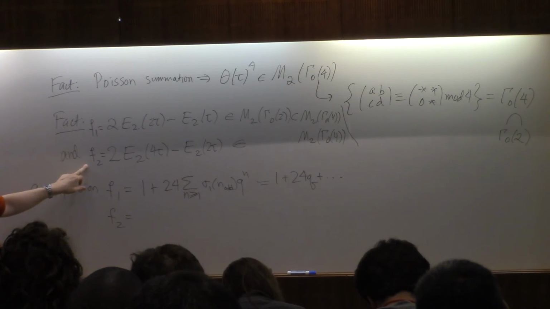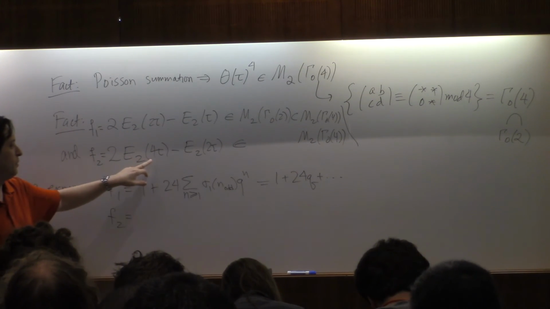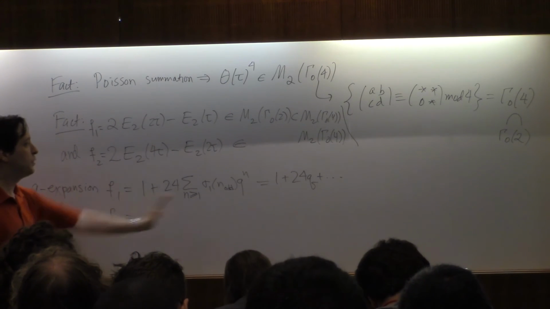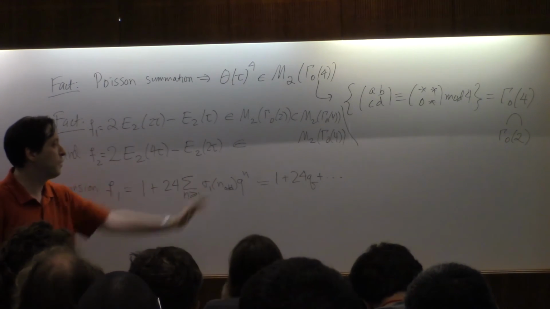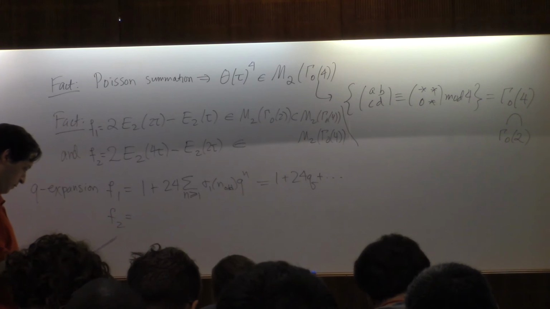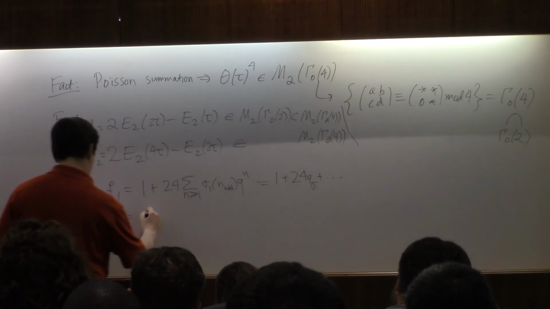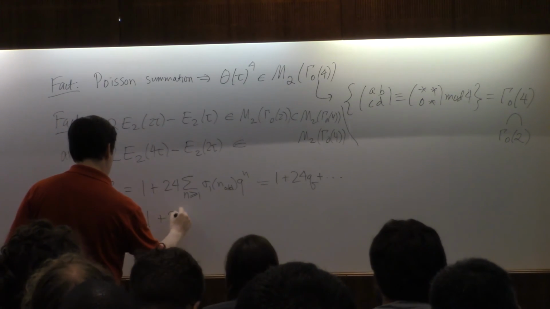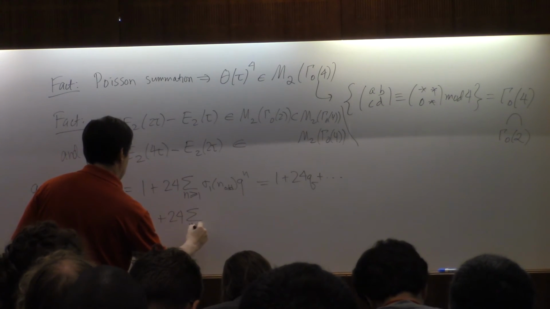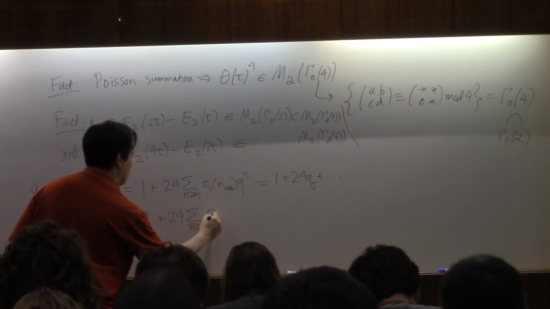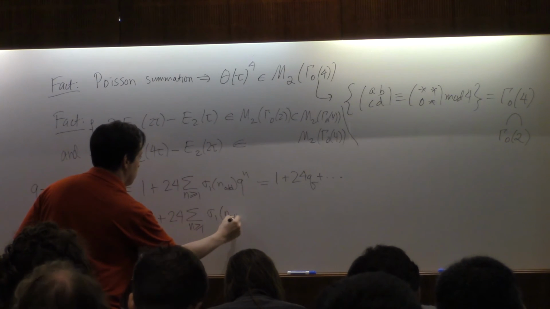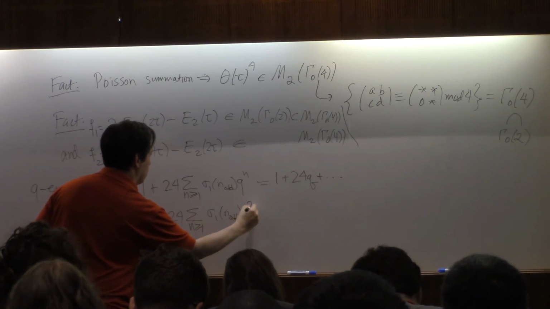And the second one, because tau is always showing up in the context of 2 tau, the q expansion will have all even powers of q. And I worked this out, and as I said before, it's just replacing tau with 2 tau, so in q notation, I'm just replacing q with q squared.